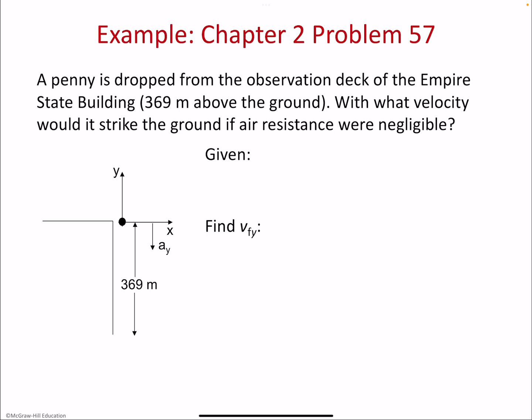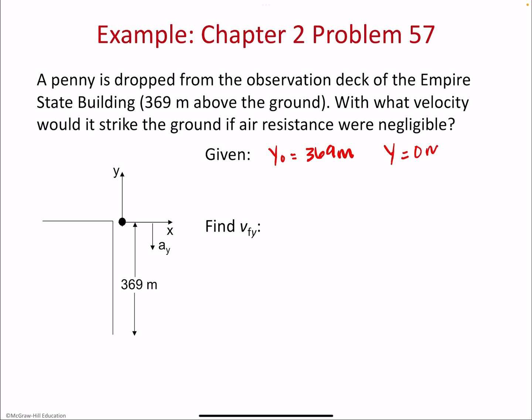So, what is that number, that 369 meters? It's distance. Is it initial distance or final distance? Initial. Yep, initial, 369 meters. What's your final distance? 0.